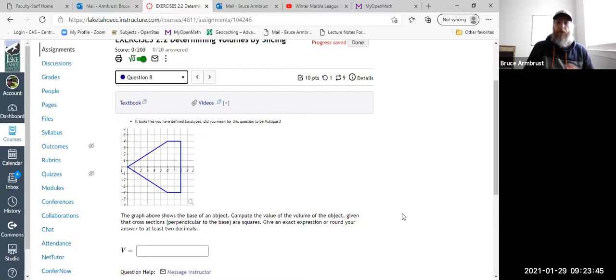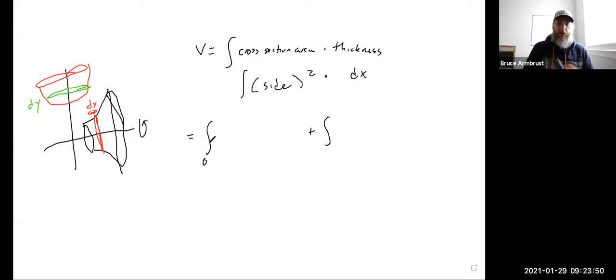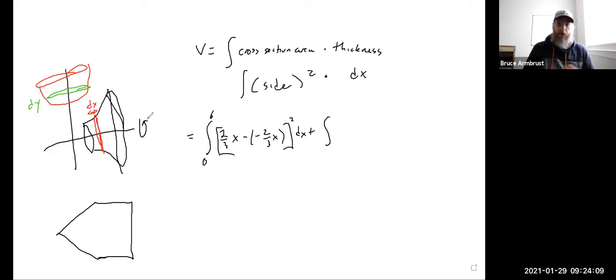All right, so what that's going to look like, let's go back to the whiteboard. We're going to have an integral from 0 to 6 of (2/3 x minus negative 2/3 x) squared. Okay, so again, if we look at that picture, it looked like this, right? Home plate. The 2/3 x minus negative 2/3 x is this height right here.